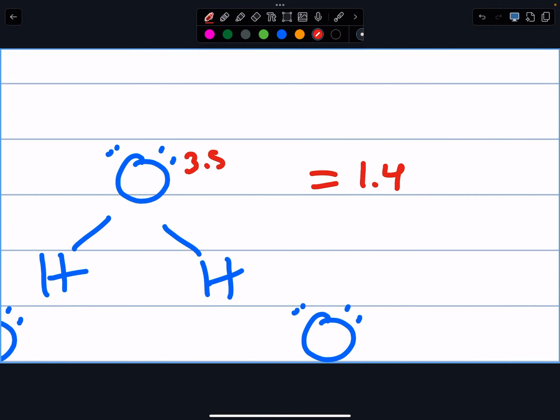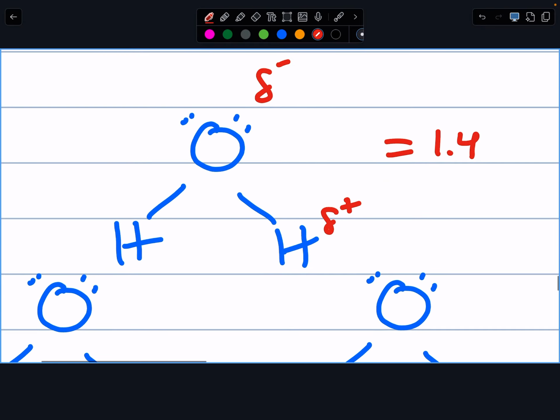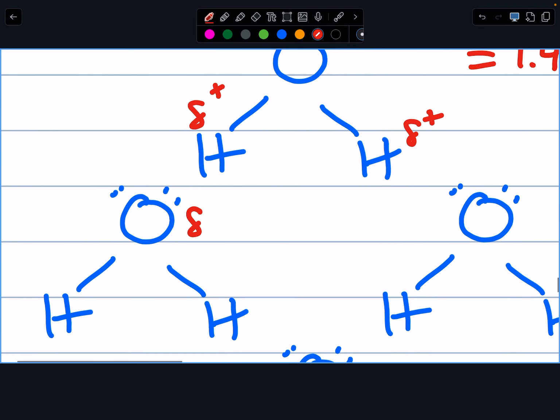So if I go back to over here, these elements are going to form a dipole. If this guy has an electronegativity of 3.5 and this one's 2.5, who's going to be the slightly negative one? Perfect, because he's more electronegative. Does that make sense? And hydrogen's going to be slightly positive because he's lower in electronegativity. So that makes this guy also what? And then this oxygen's also what?